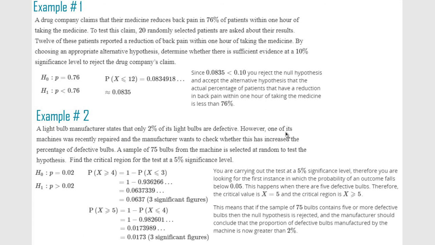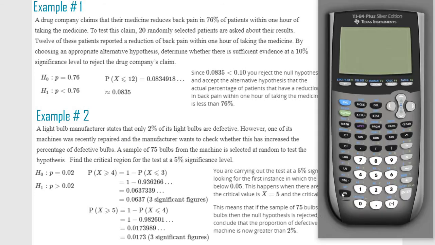So we could just plug in our binomial CDF and make up an X value, right? 1 light bulb defective, 2, 3, 4, 5, and you could keep getting your values. You could do it this way. I like the calculator, so I prefer to graph it.